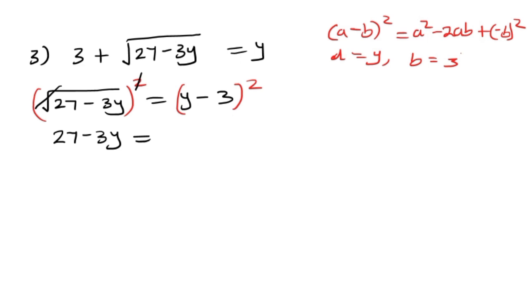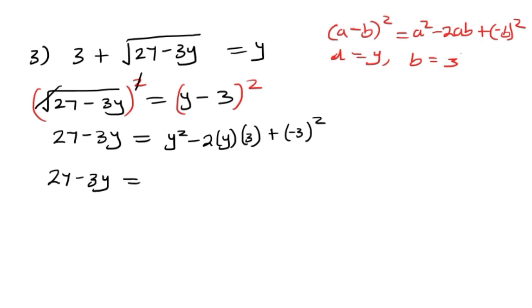Moving on, we're going to have y squared minus 2y times 3. I'm going to use positive 3, the minus has been taken care of already. Plus 3 squared. So 27 minus 3y gives us y squared minus 6y plus 9.